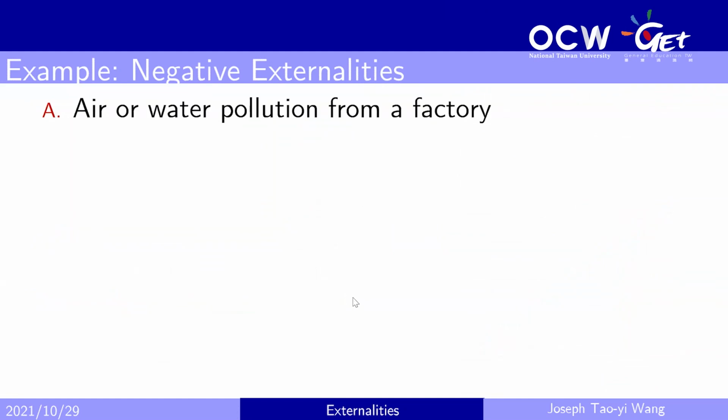Now, what are examples of negative externality? Air pollution: residents that live next to a factory will be affected by it. There could be water pollution. I'm not sure if you saw the news where some companies, even high-tech companies, pollute the water, and you see these crazy colors of water affecting the residents next to those factories.